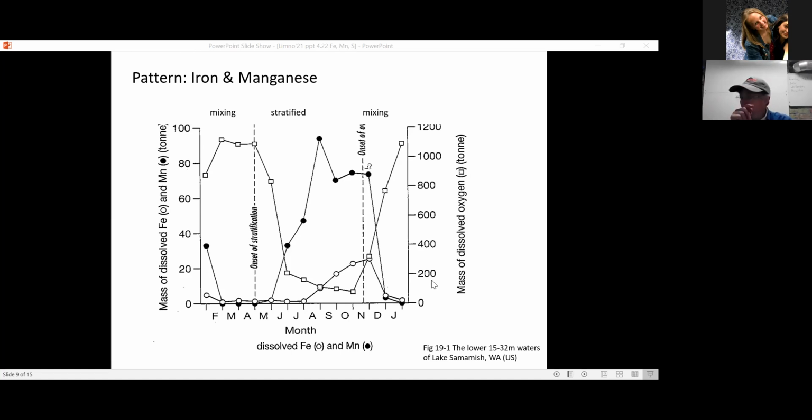Are there any questions about what this diagram shows? Can you picture this lake and see these things happening in your mind's eye? Any questions about this?